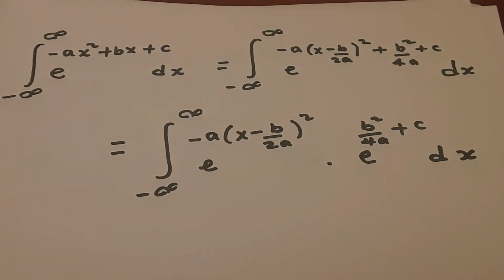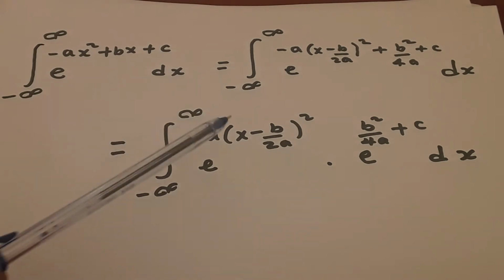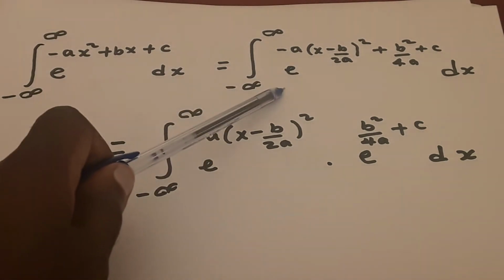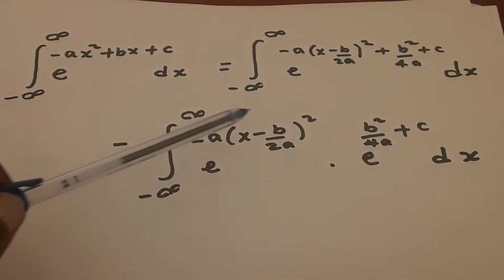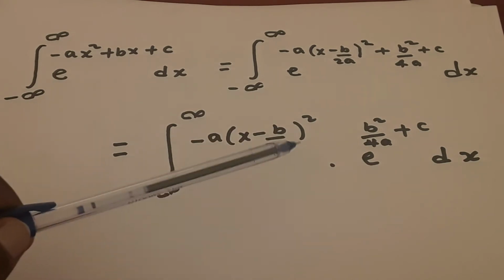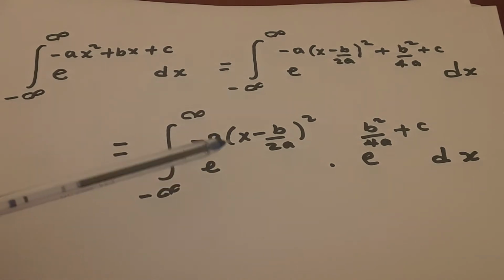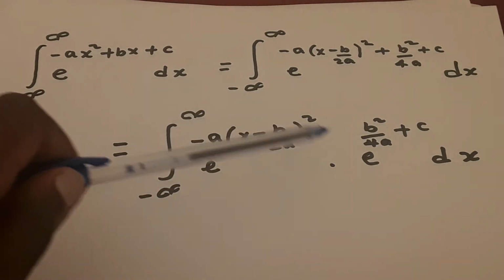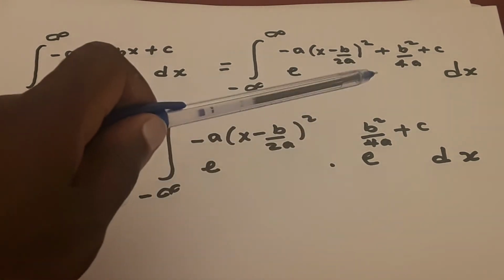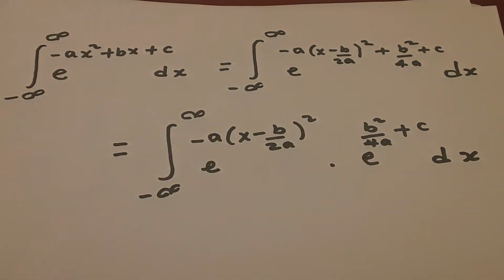This is an equivalent expression, represented for convenience via the completing square method. Now this can be rewritten, using the exponential property, as e to the minus a times x minus b over 2a, squared, times e to the b squared over 4a plus c dx.